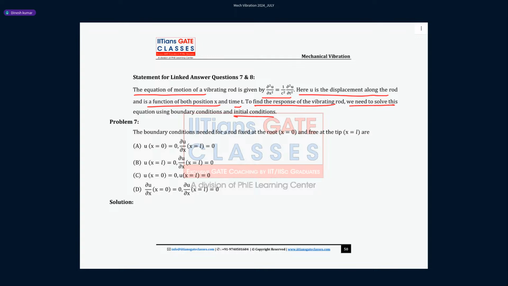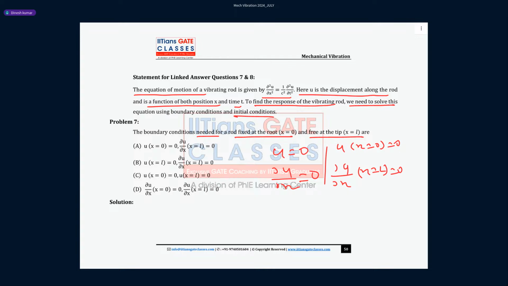The boundary conditions needed for a rod fixed at root and free at tip. So we know at the fixed end u is 0 and for the free end dou u by dou x is 0. Now, the fixed end is given at x equal to 0, so it will be 0. And where is the free end? So it is dou u by dou x at x equal to L equal to 0.